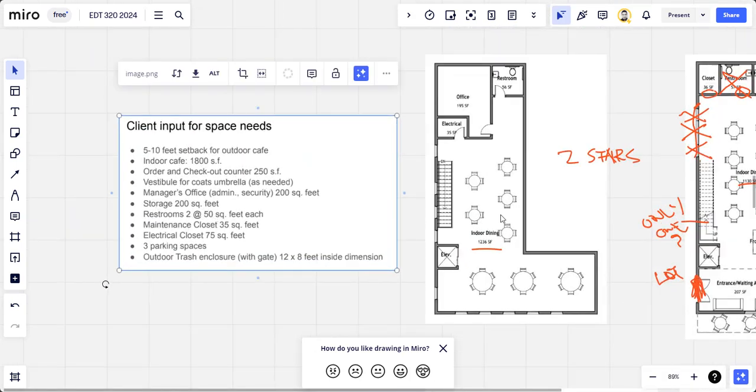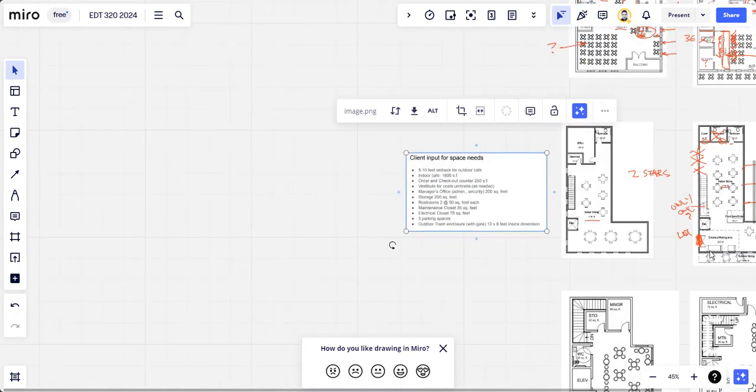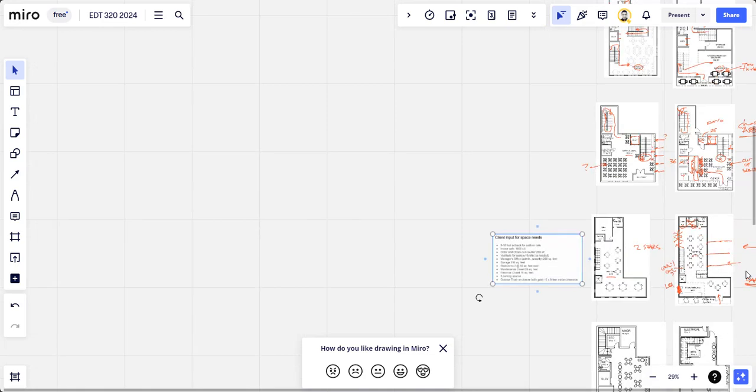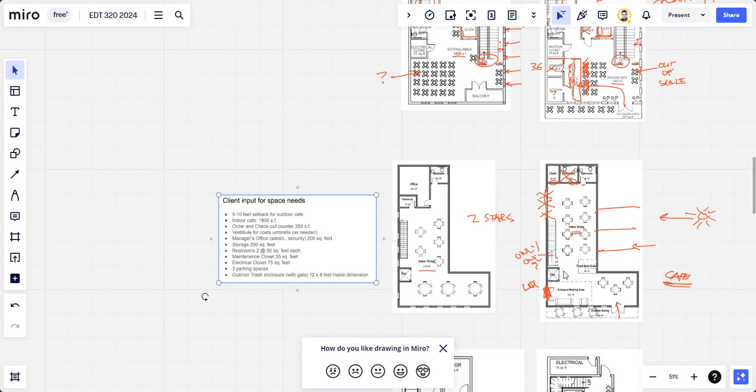restrooms to storage 200. Let's see, right? 200. I see your restrooms, your closet. Okay. So make sure that you do have that one, but stairs is most important here also. Okay.